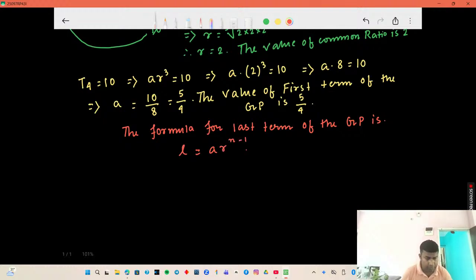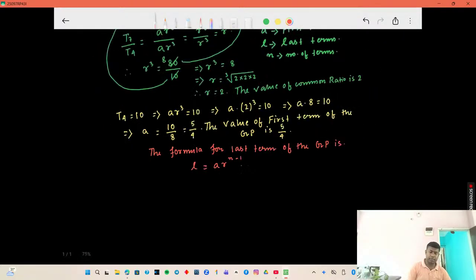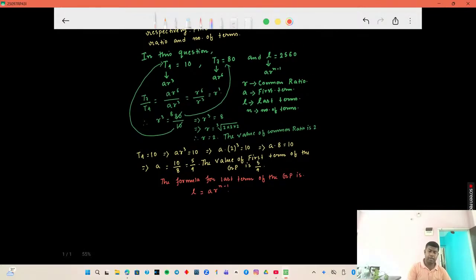Is it clear to you? And the value of L is given in the question itself. In the question it is given as L is 2560, as you can see on the screen. What is the value of L given in the question? The value of L is given as 2560.